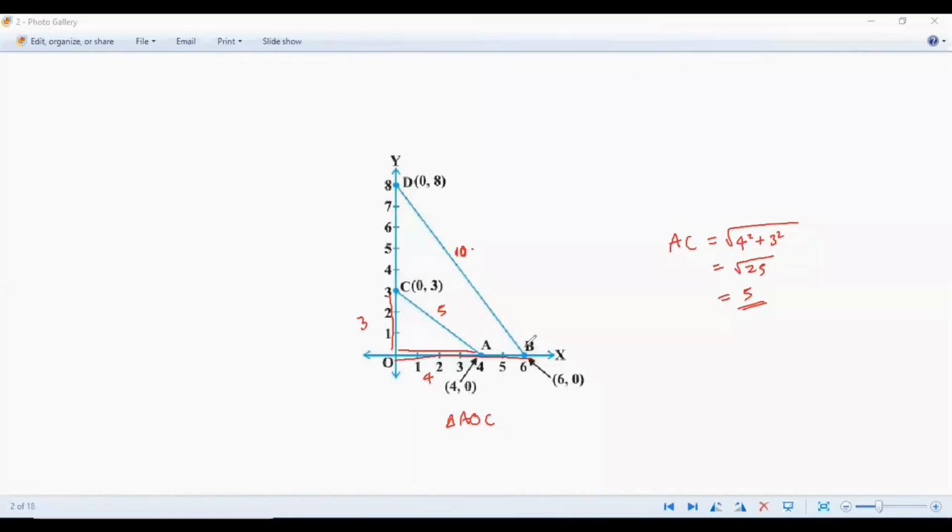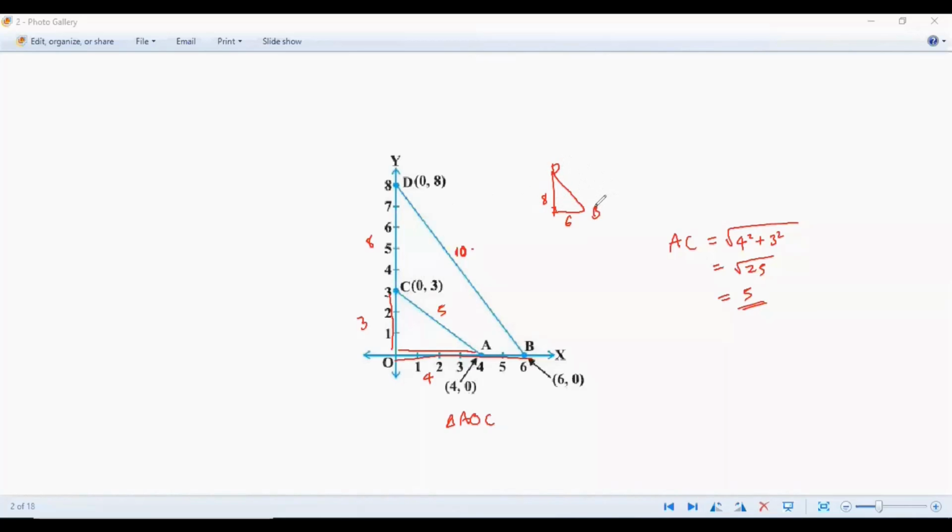That means the point B is 6 units away from y-axis. So OB will be 6 units, and similarly OD will be 8 units.